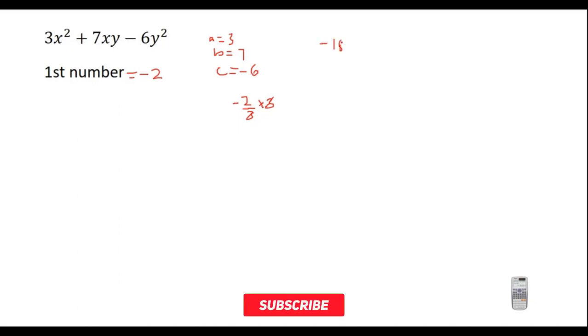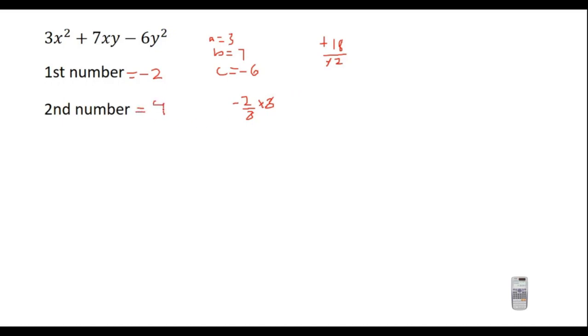Now divide a times c by the first number, which is -2. Negative will cancel negative. Now 18 divided by 2 is going to give us 9. So the two numbers we are looking for are +9 and -2.